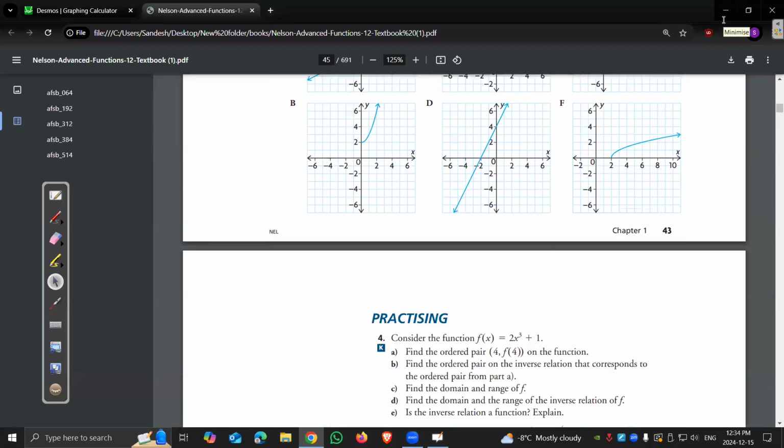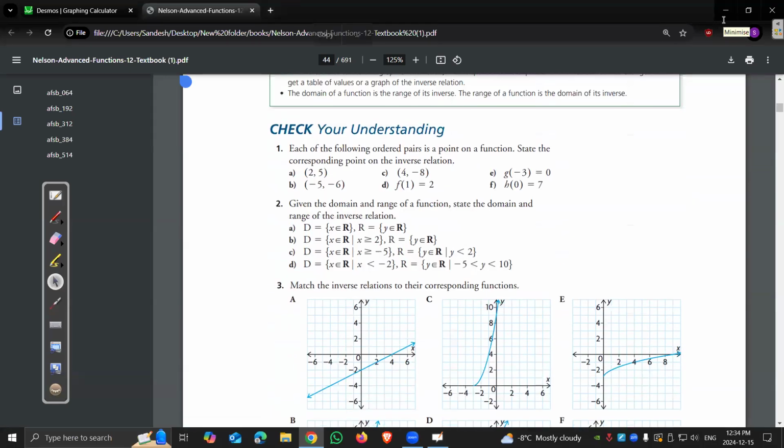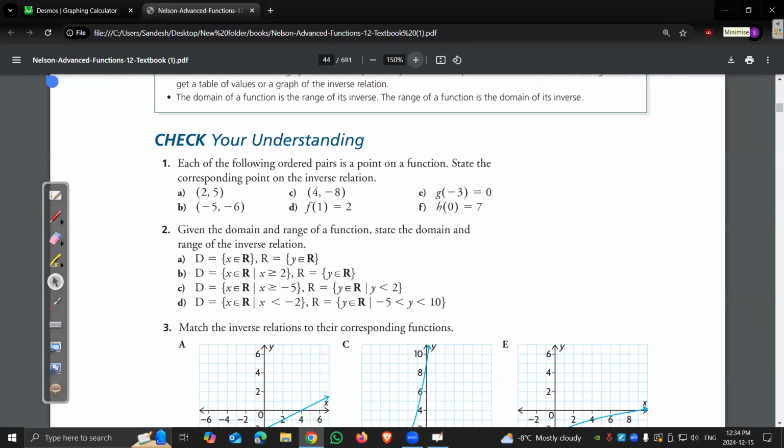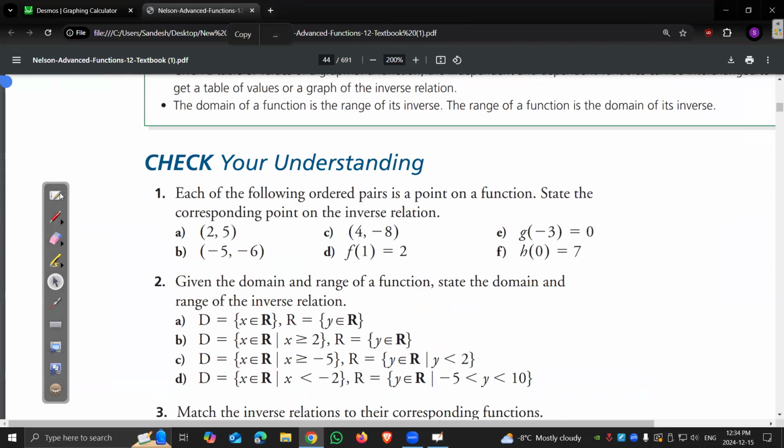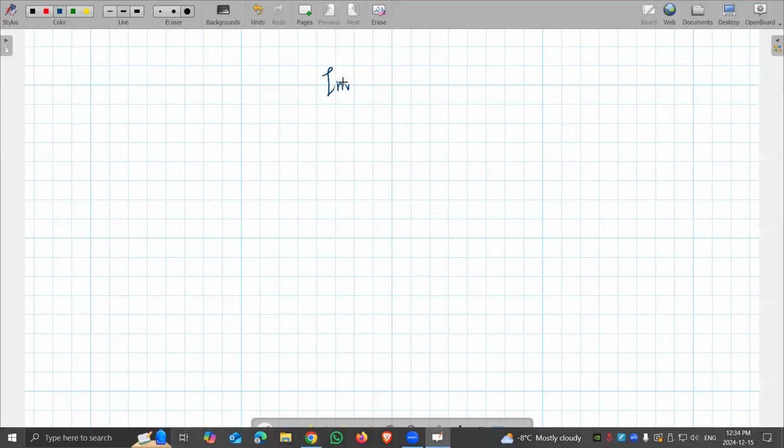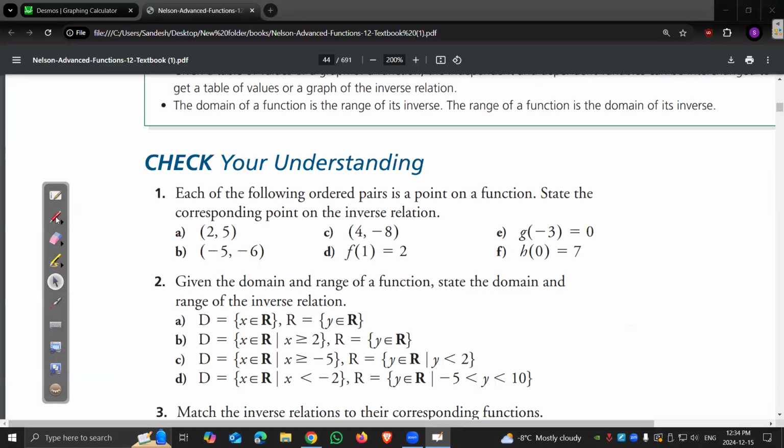Inverse relations is the next topic. We can just quickly do this. So remember, an inverse is when your x becomes your y and your y becomes your x. So if they give you points, the inverse is literally the points flipped backwards.